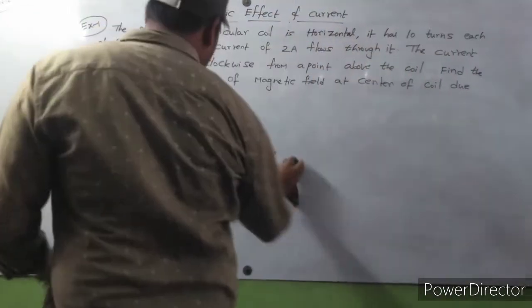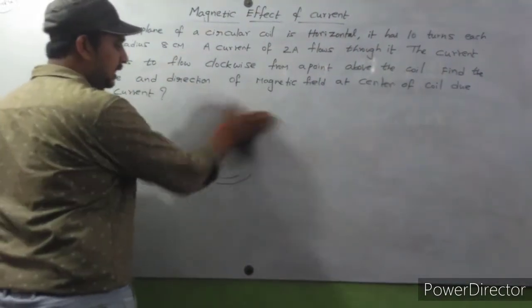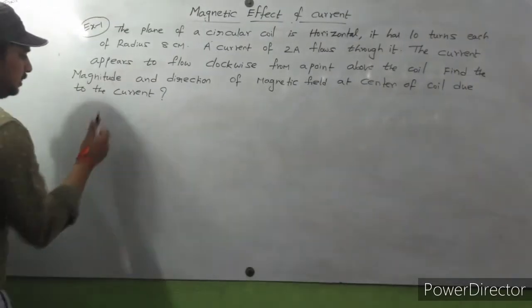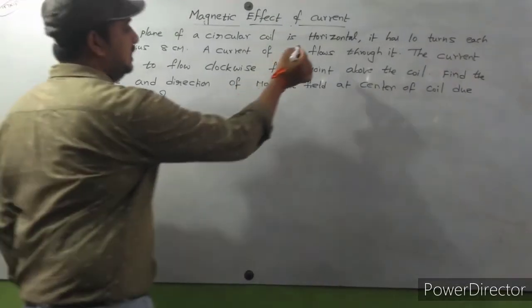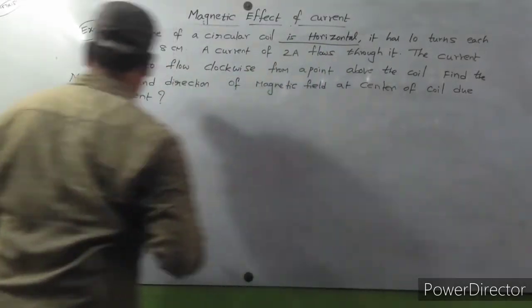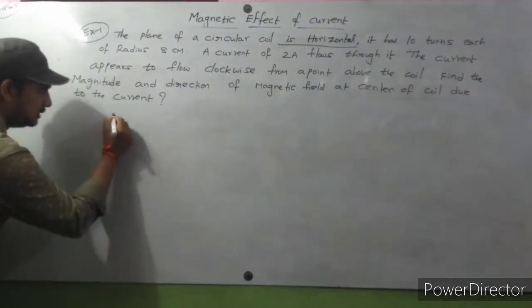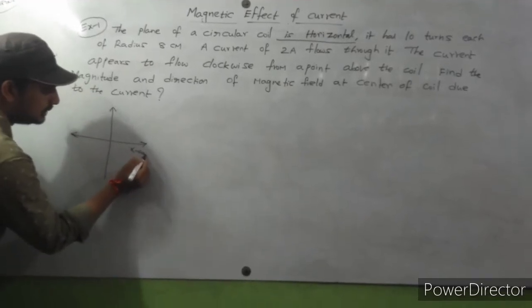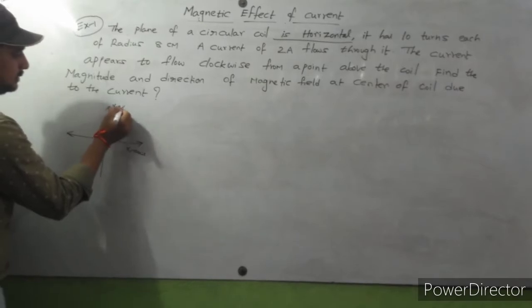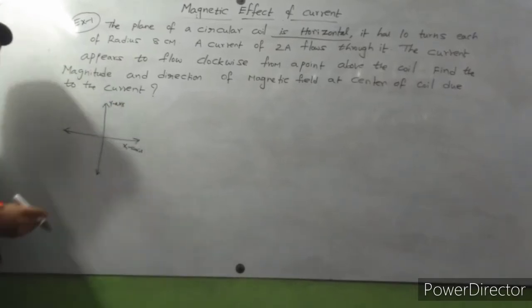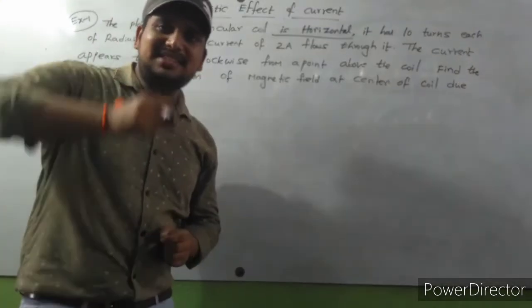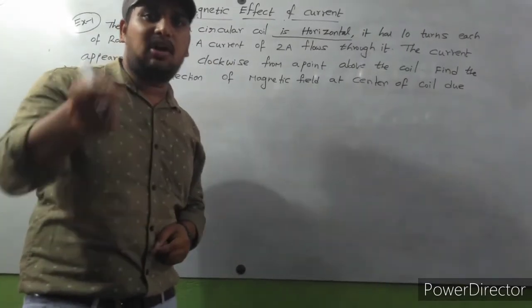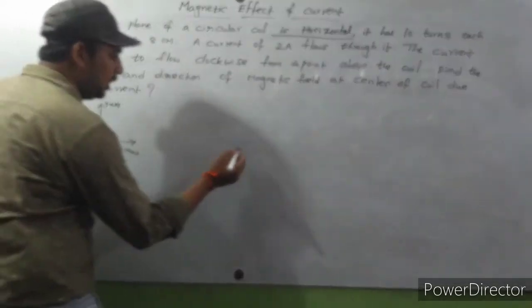Just for understanding purpose I am taking the axes here. Generally, if the coil is horizontal, it is placed along the x-axis. If the coil is vertical, it is placed along the y-axis. Coil is horizontal means definitely it is placed along the x-axis.